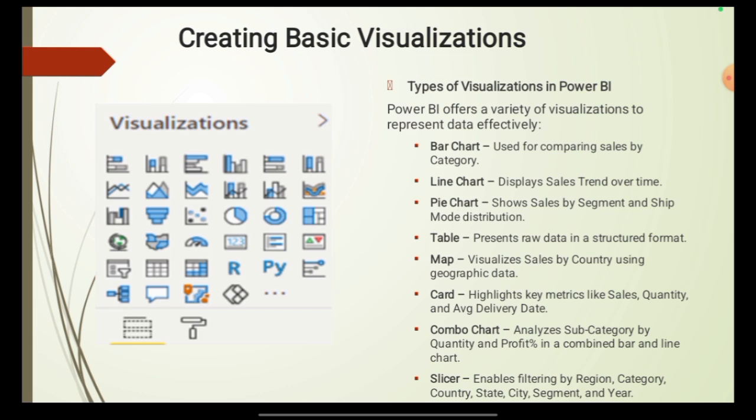There are also options for custom visualizations using R and Python scripts. This pane allows users to select the appropriate visualization for their data analysis, making it easy to explore trends, patterns, and insights visually. So this can be said as per the details mentioned over here. Now let us move to the next slide.